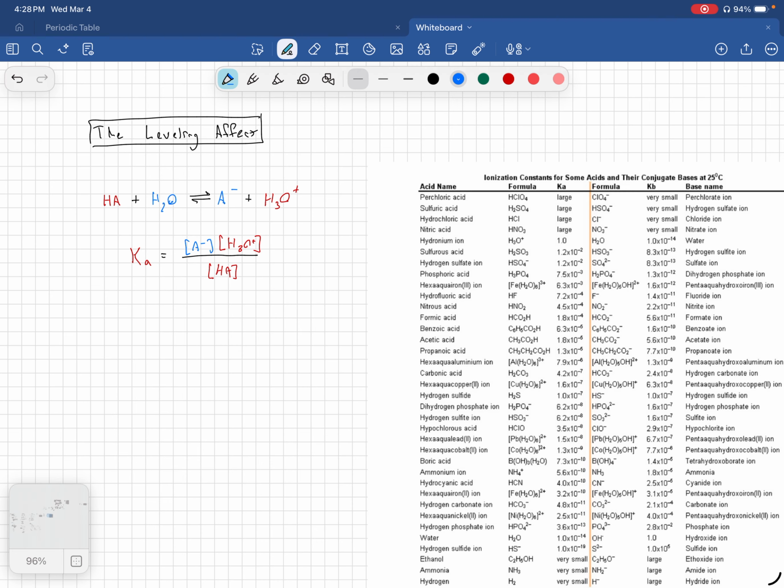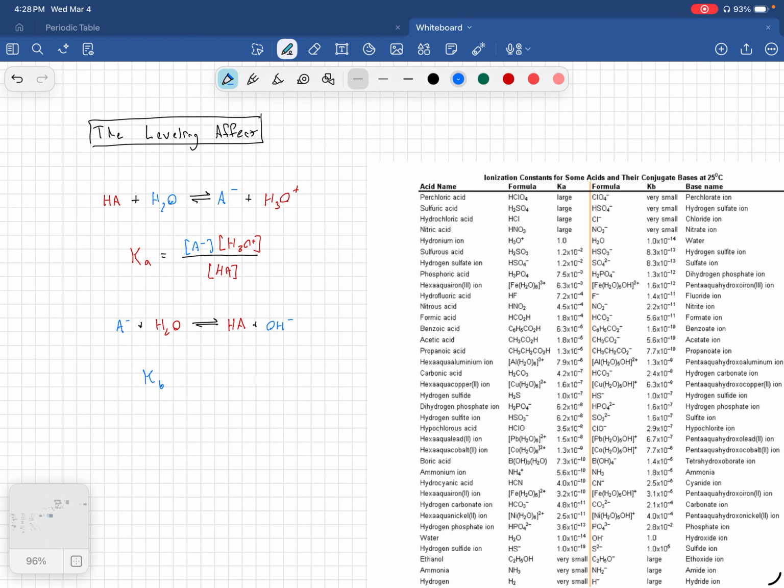We could do the same for a base. In this case, I'm just going to use A minus, the conjugate base, since we'll treat this as a conjugate acid-base pair. Now water is going to act as the acid in this example, reforming the conjugate acid form of A minus, HA, and then, of course, OH minus.